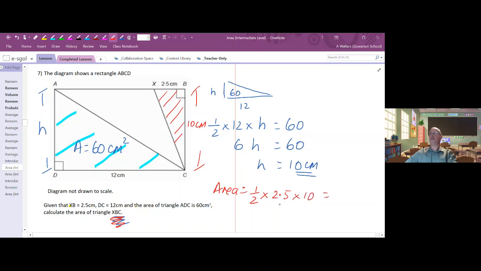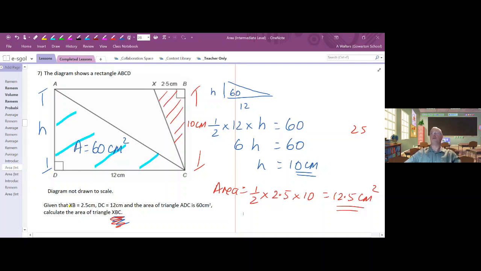Personally, though it doesn't matter, I don't want to work out a half of 2.5. I'm going to say 2.5 times 10 is 25, and then a half of 25 is 12.5 centimeters squared. There's a few ways you could do that. Pause the screen if you want to digest that a little bit more.